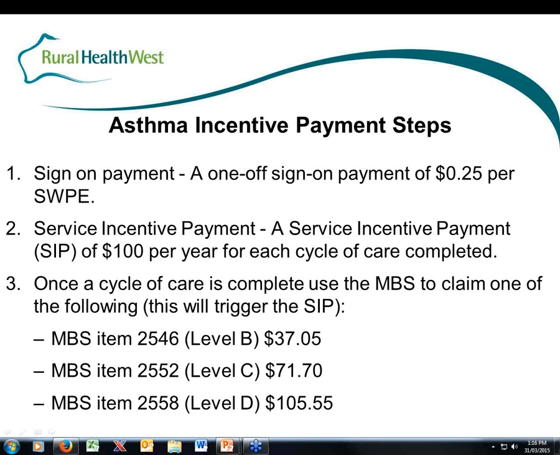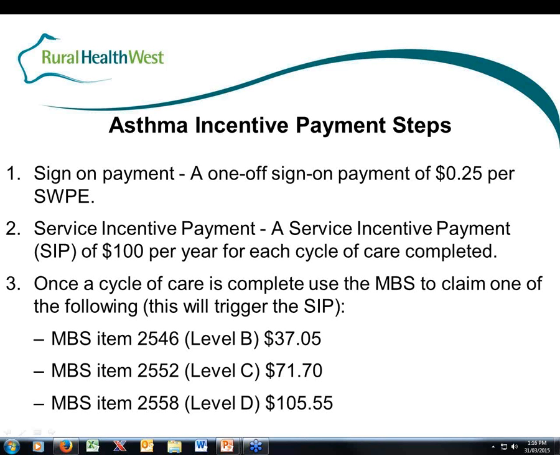The asthma incentive payment steps. The first step is a sign-on payment, which is a one-off payment of 25 cents per SWPE. Then there is the service incentive payment of $100 per year for each cycle of care completed.